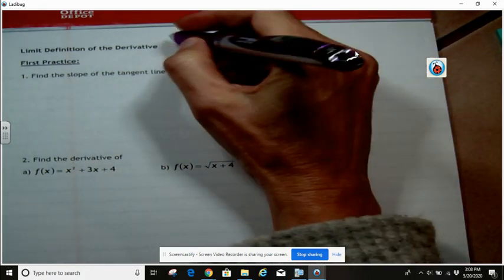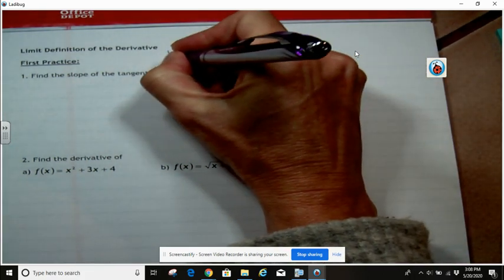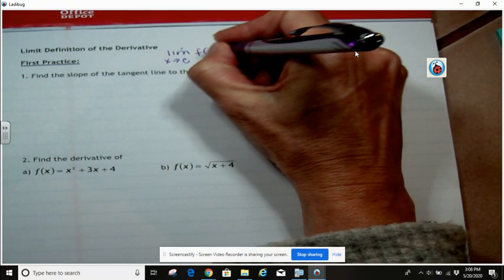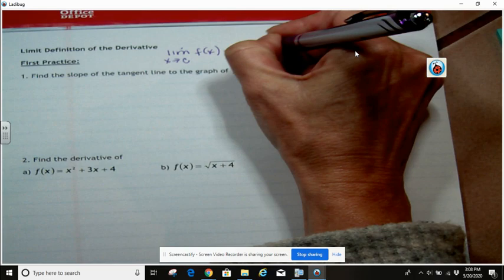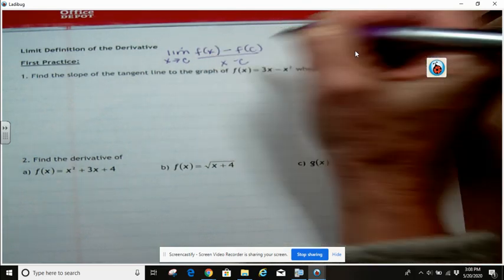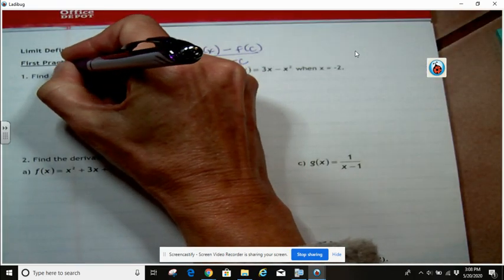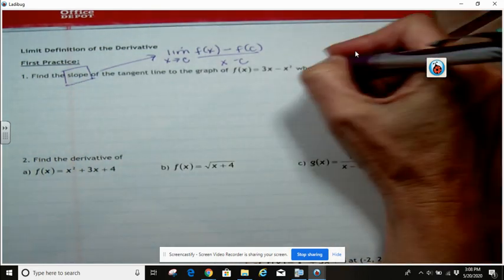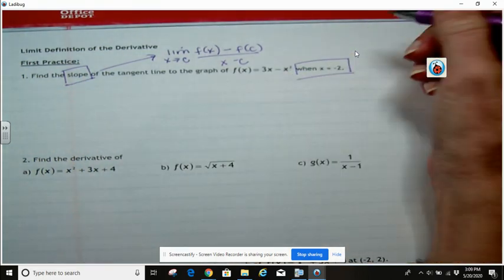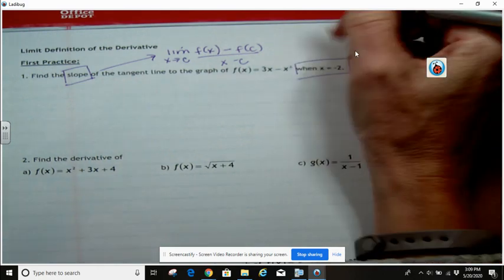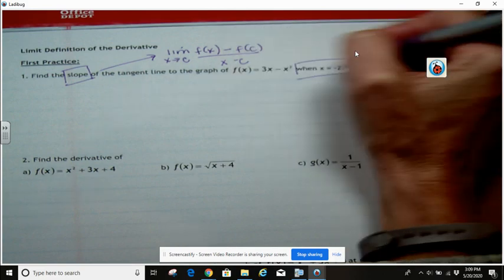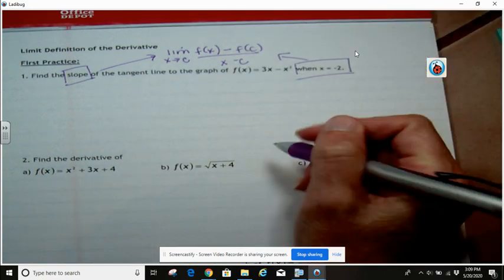If that's the case, we want to use the formula that's got c in it. We're going to use this formula to find the slope, and when x equals negative 2, that's how we know that we're going to use this formula, because we're given a specific x value.